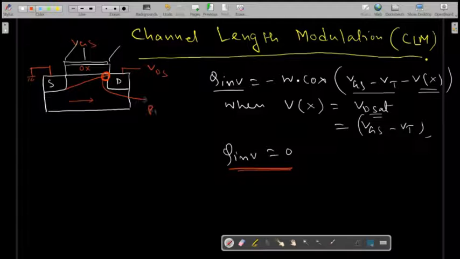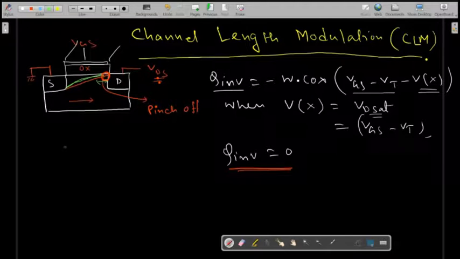This region is called the pinch off region. And if you further increase the value of VDS, this inversion layer will sit like this. That means the pinch off region length will increase.